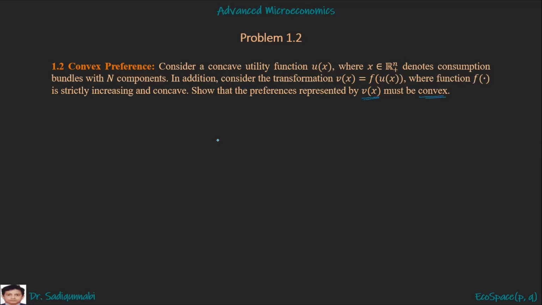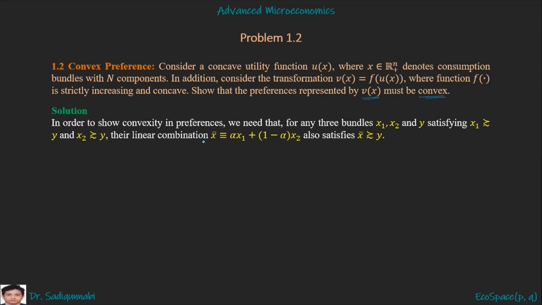So let's start digging into 1.2. To show convexity in preference, we need to show that, suppose there are three bundles, x1, x2, and y.